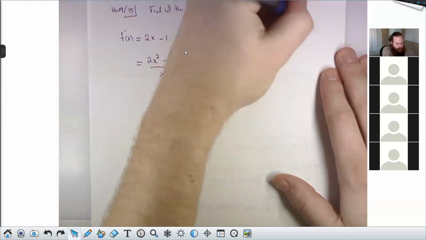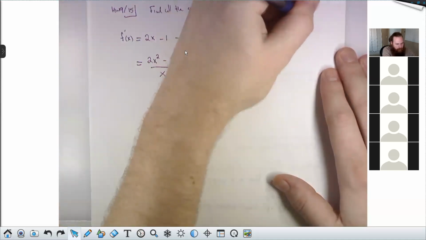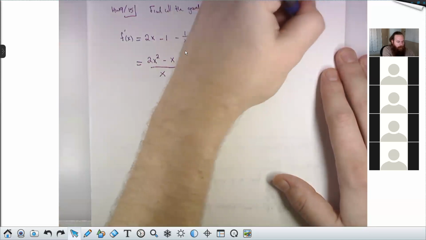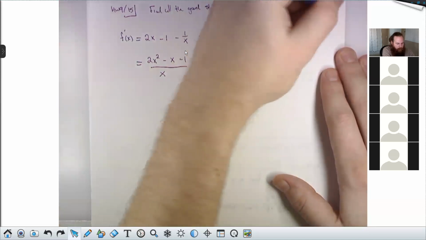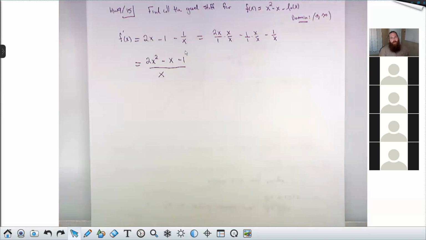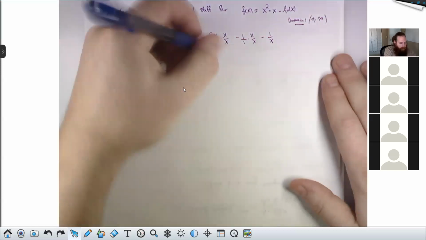And we should note that the domain for this function is the open interval from 0 to infinity. That's coming from the natural log. You can only plug strictly positive numbers into the natural log. If I want to find where f primed is 0, I set the top to 0. If I want to find where f primed is undefined, I set the bottom to 0. Let me take care of that first.